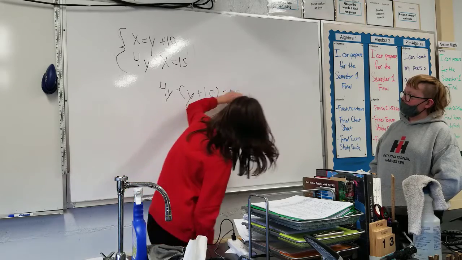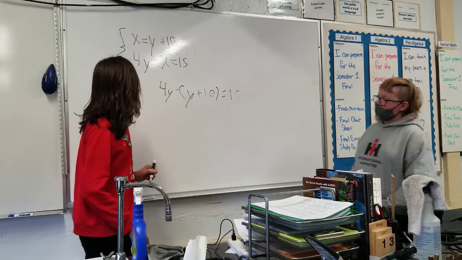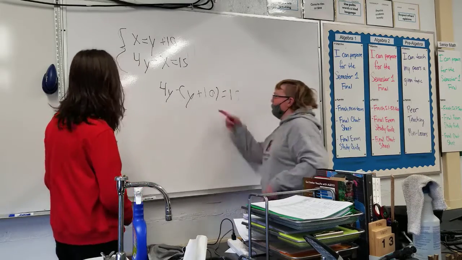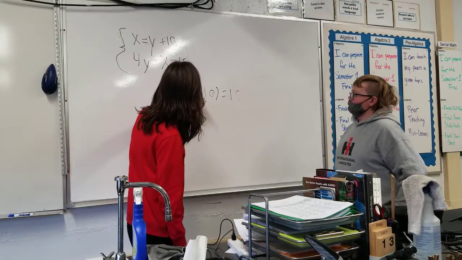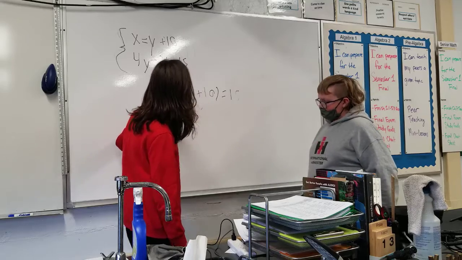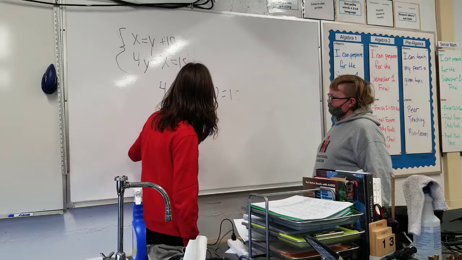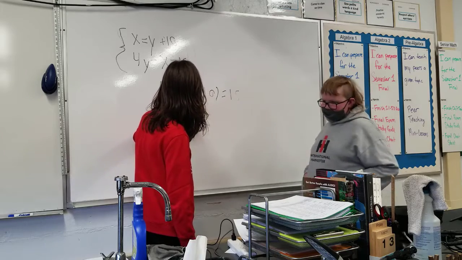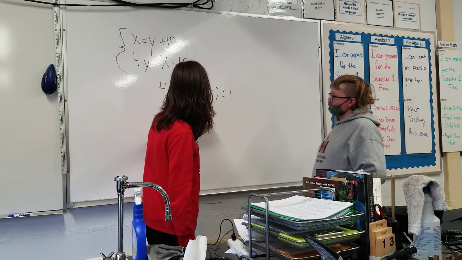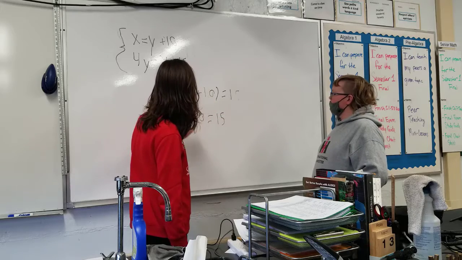So, combining like terms and solving, you get 3y minus 10 equals 15.